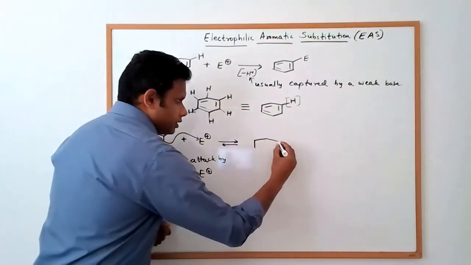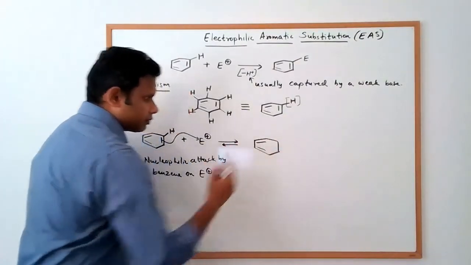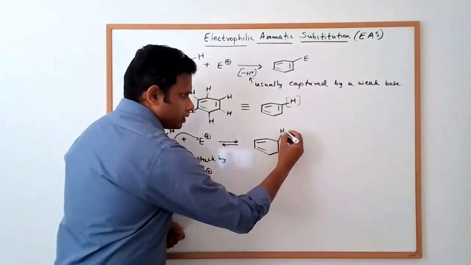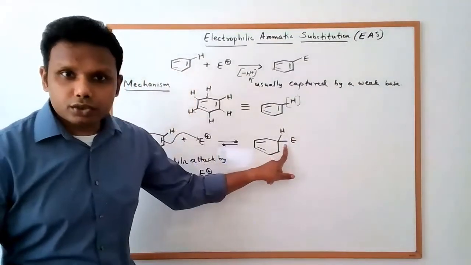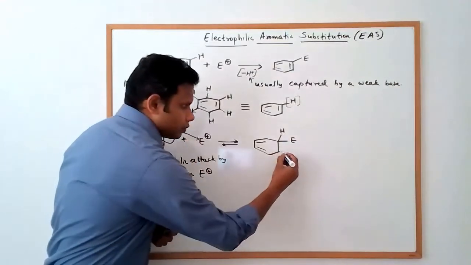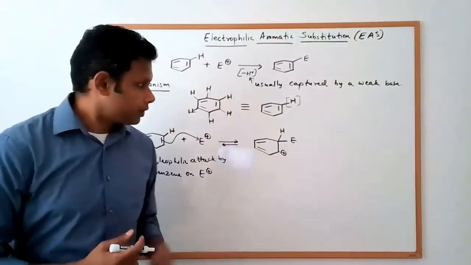And this intermediate would now have the double bond here, and where the hydrogen is, we are going to have the electrophile bonded to that carbon. Now, since we opened up the pi bond, this is going to give us a carbocation intermediate.